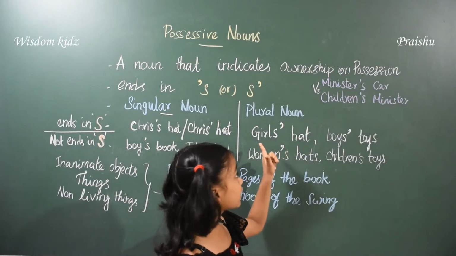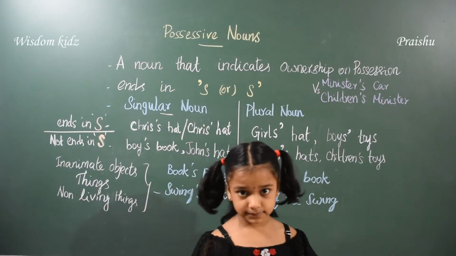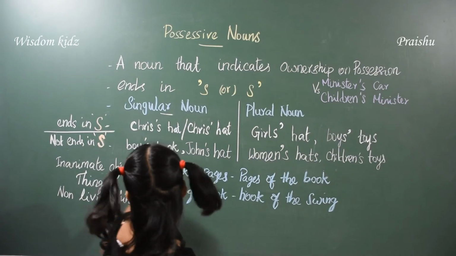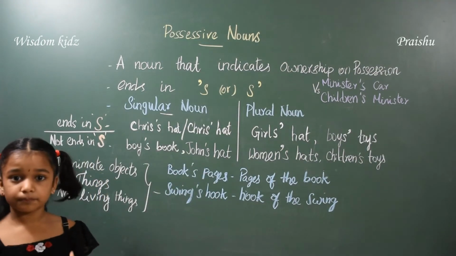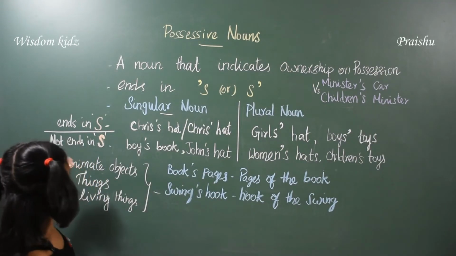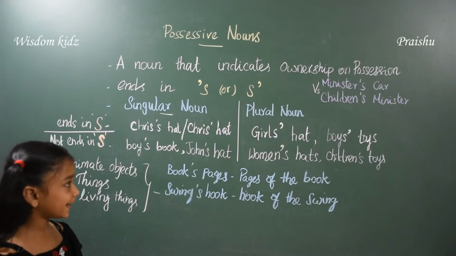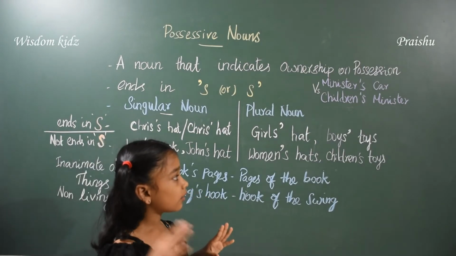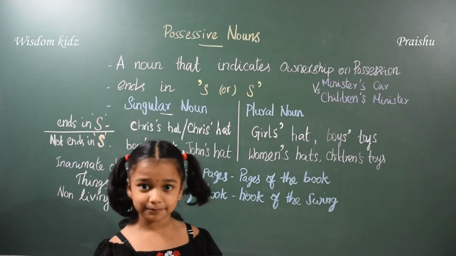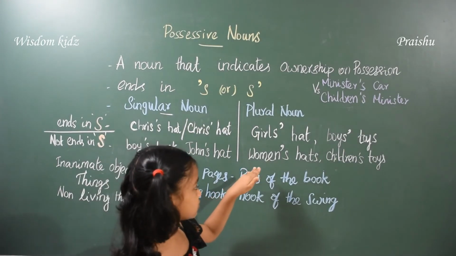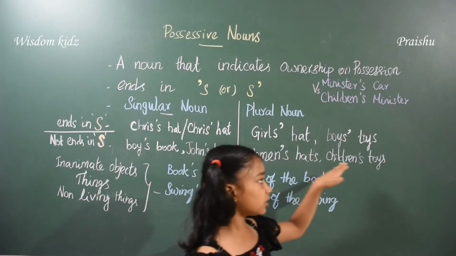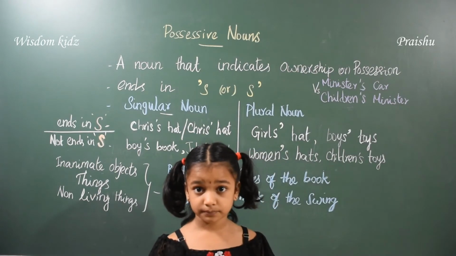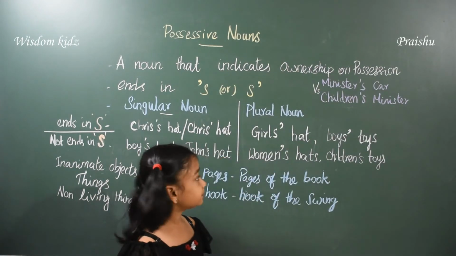We do not add apostrophe s. If the plural possessive noun does not end in s, we add apostrophe s only. See, the women's hats, the children's toys, etc.